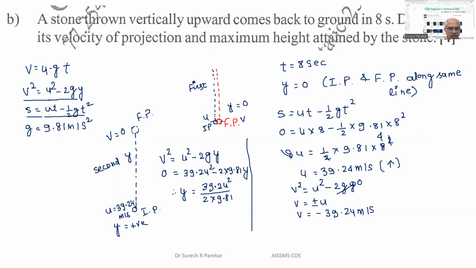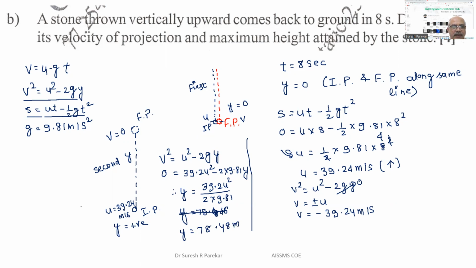That is 39.24 square divided by 2 into 9.81. And I got the value y is equal to 78.48 meters. So what is the answer?